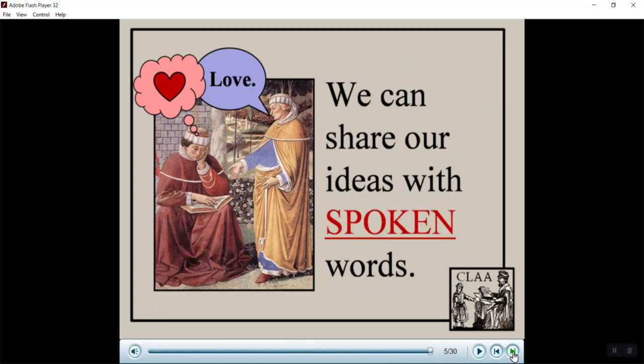There are two different kinds of words, and these give us two different ways to share our ideas. We can share our ideas with spoken words. In the picture, Alypius is sharing his idea of love to Augustine with the word love.